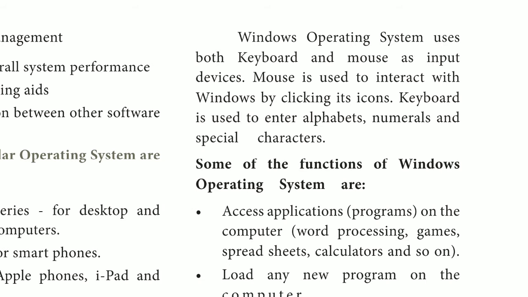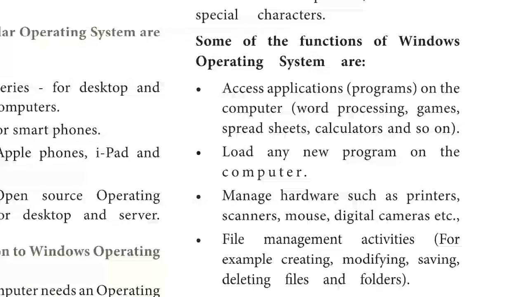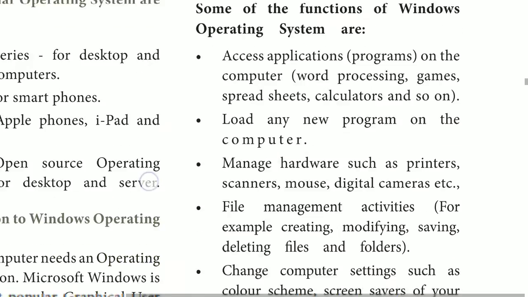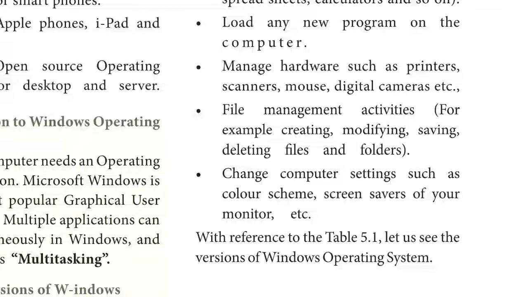Some of the features of Windows operating systems are: access applications on the computer, such as Word, Excel, PowerPoint and games, which are all applications or softwares; load any new program onto the computer; manage hardware such as printer, scanner, mouse, digital camera, etc.; file management activities such as creating, modifying, saving, deleting files or folders; and change computer settings such as color scheme, screensaver of your monitor, etc.